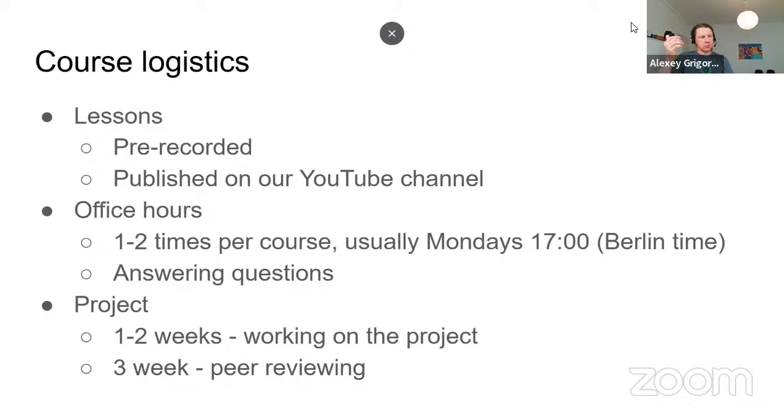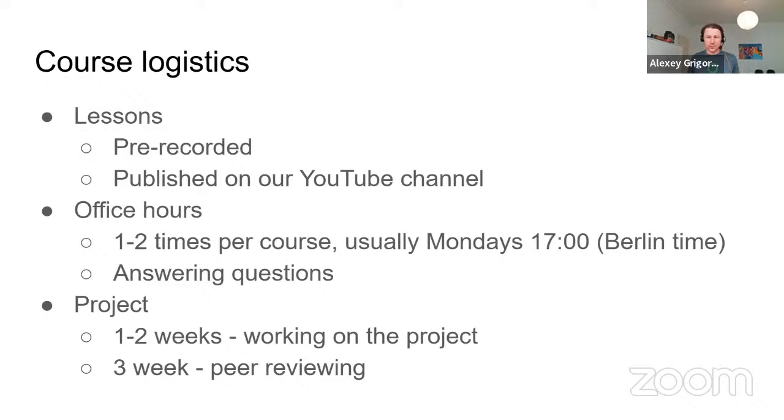There are 3 playlists for 2021, 2022, 2023. And already last year, we did not have many office hours, so you are probably most interested in the first two, right? And then when it comes to the project, you work on a project for 2 weeks, and then there is another week after that for peer reviewing.